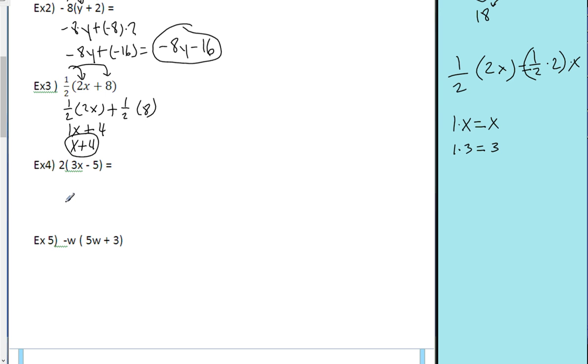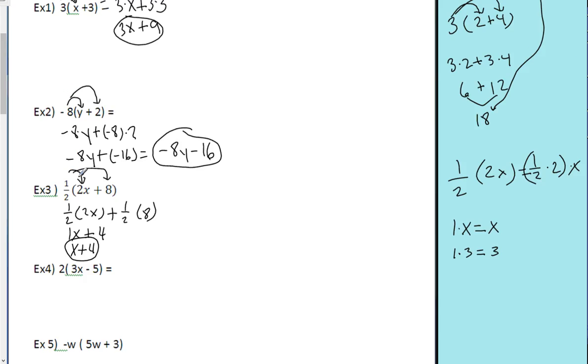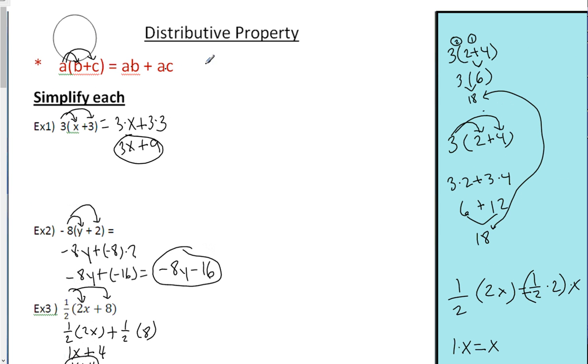Let's do another one. All right, now what's interesting is this problem has a minus sign there, so be careful. It's just like before. In fact, you could add another property here if you wanted to. If you had, let's say, a times parentheses b minus c, then this is exactly the same as the other property.